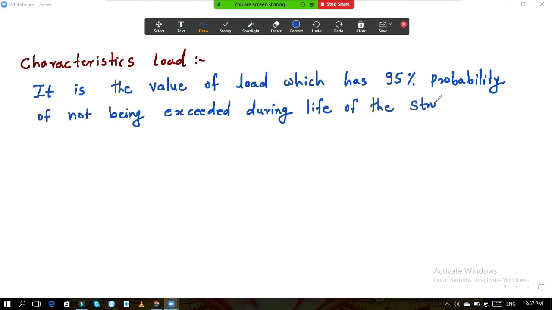So a very simple definition is there: during the life of the structure.